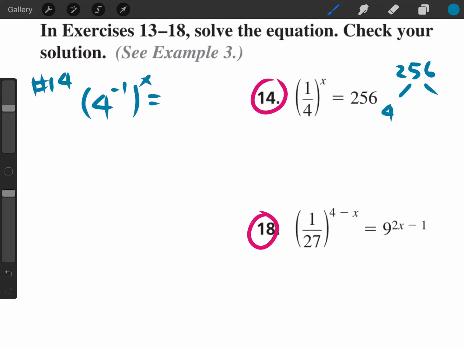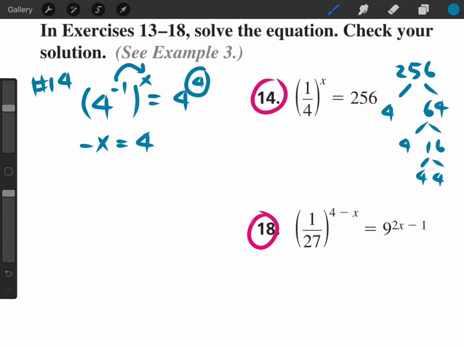So it'll be 4 times 64. 64 is 4 times 16, and 16 is 4 times 4, which means that 256 is 4 to the 4th power. Now you have the same bases, so you can set the exponents equal to each other. So it'll be -x equals 4. So x equals -4.